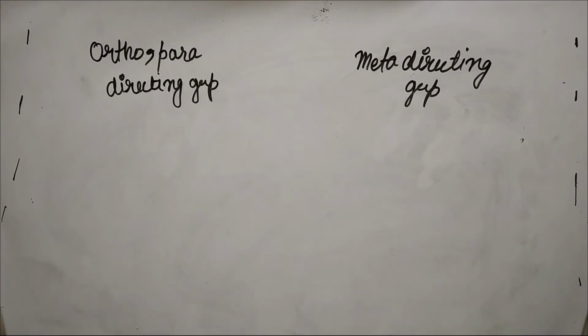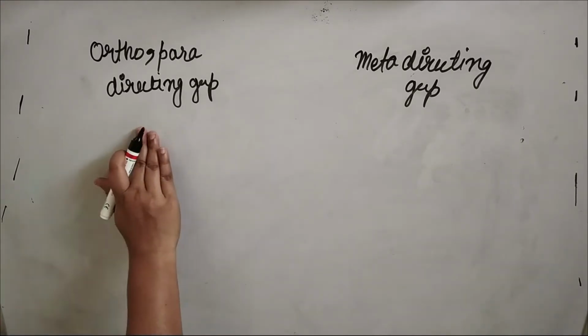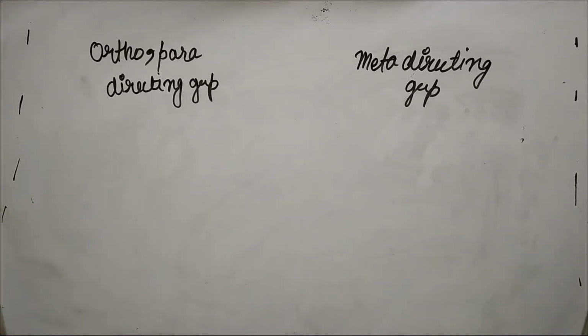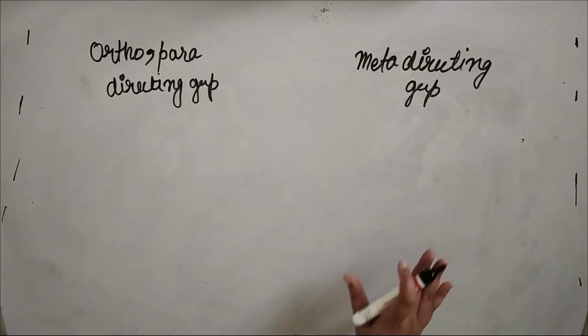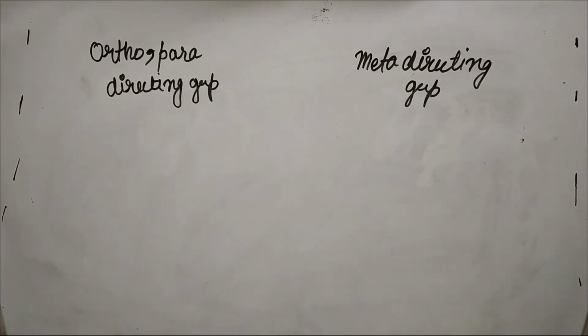Meaning if this substituent is present, it will direct the other functional group to substitute at ortho and para position. In case of meta-directing groups, they will make the other functional group substitute at meta position. So first let's see the examples.